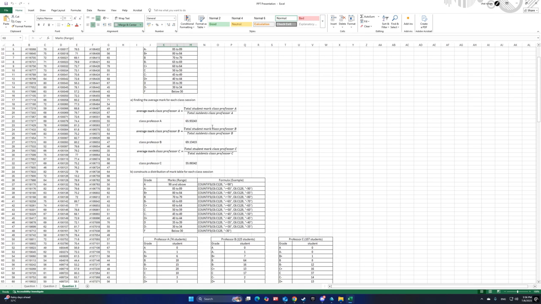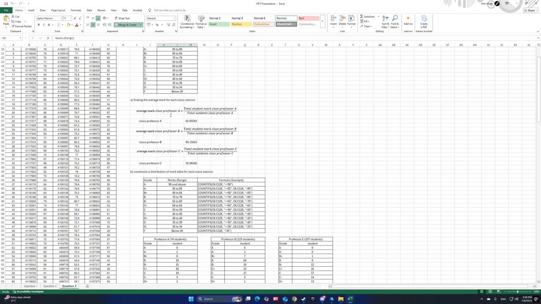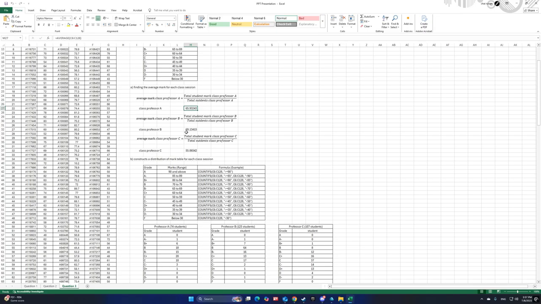For the first question, we need to find the average mark for each class session. For each class, we take the total student marks of class professor A divided by the total students of class professor A. At the end we will get 65.932443. For class professor B, we do the same thing: the total student marks of class professor B divided by the total students of class professor B. Then we will get 1.13415.